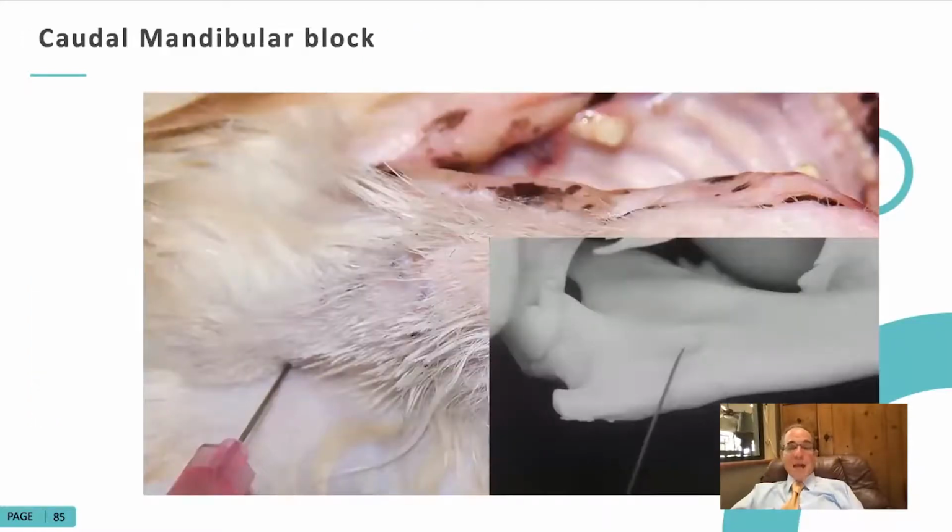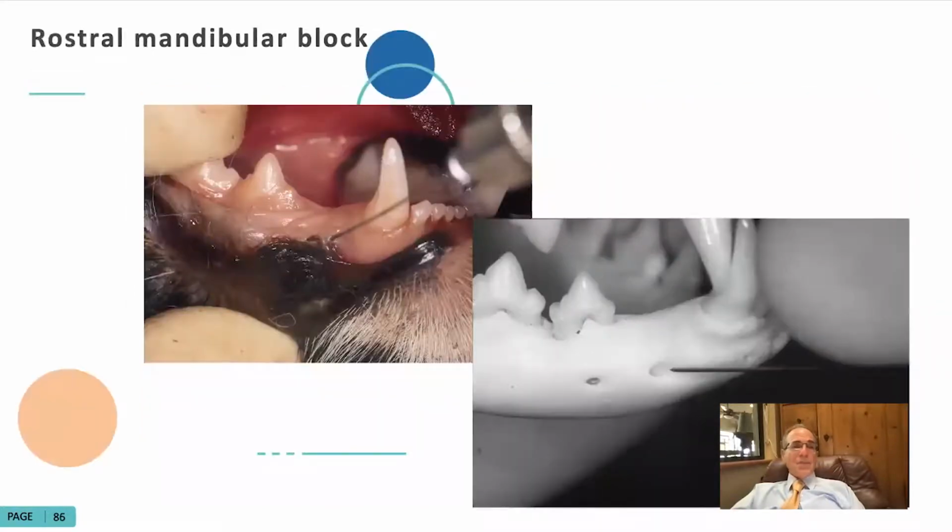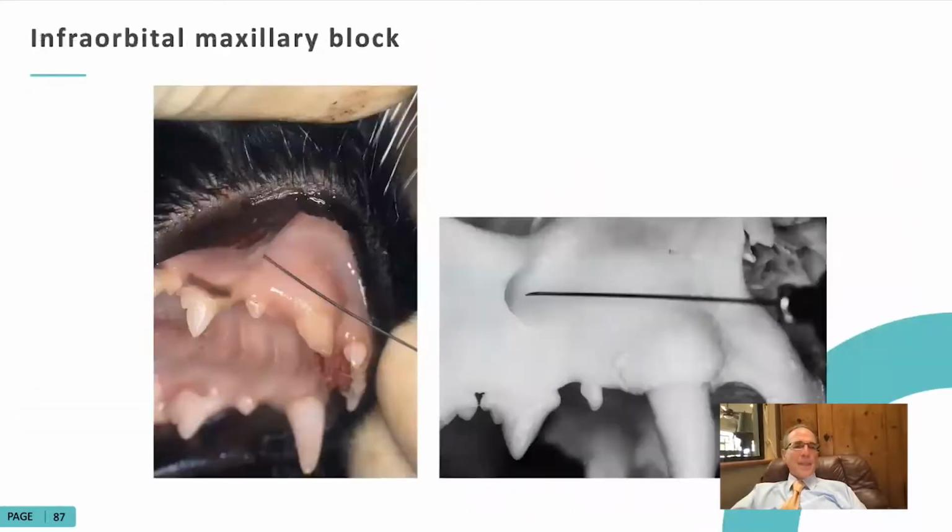This is the mandibular block, and you want to get the mandibular nerve as it enters into the mandible. You just feel for the arch and go a little bit in front of that. Very easy to do. This is the rostromandibular block, just to show you where it's given, but we really don't use this. But to be complete, I just put it in here.